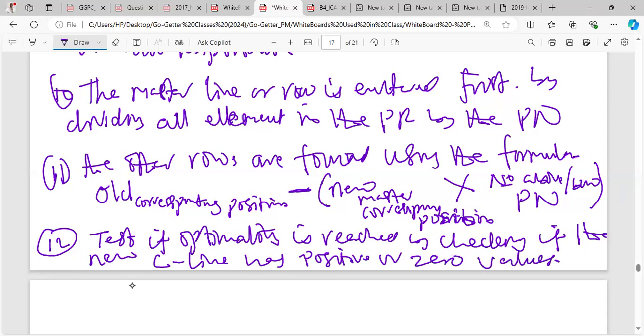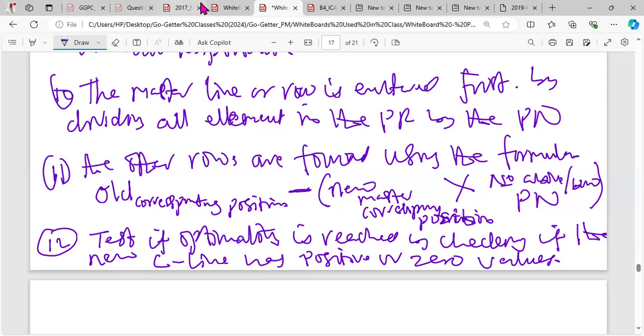So if you look at these 12 things I've just said, this is your key in learning how to do this simplex method. But like I said, you are limited to forming the initial table and interpreting the final solution.